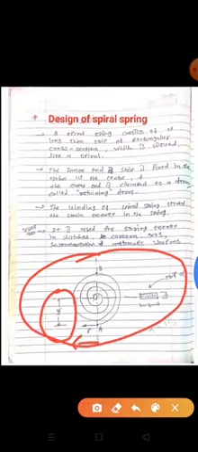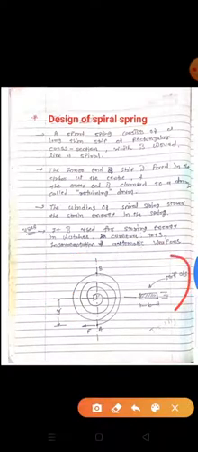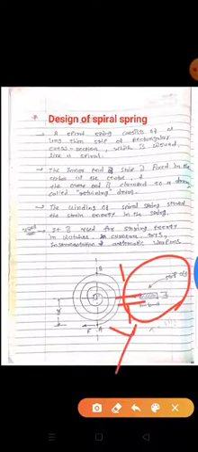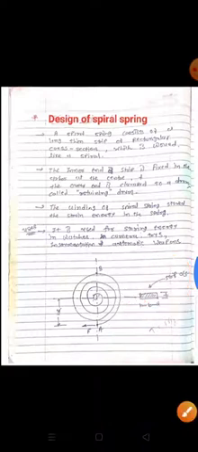Now the cross section of the spring strip is rectangular, with width b and thickness t, and half of the thickness is equal to y. This distance is y. Clear? Half of the thickness. So this is the general figure.